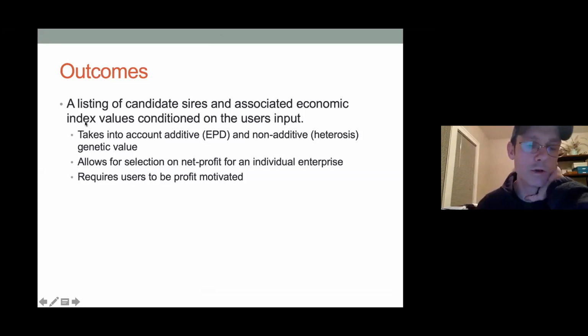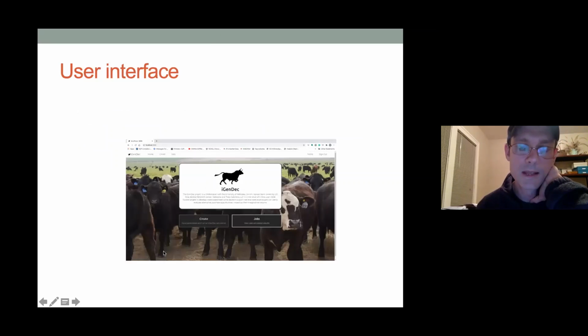No, really good question. So the way we were able to get at heterosis from this tool, iGenDec, is that the user will identify what breed or breeds of bulls they're interested in, and the user will also identify what the general breed makeup is of their cow herd.